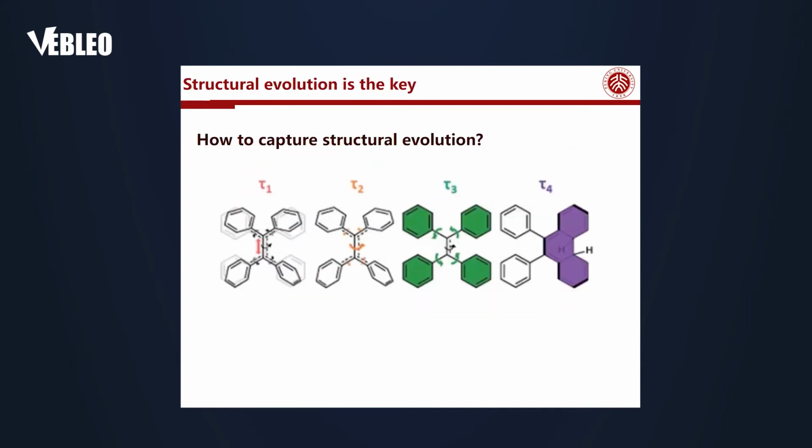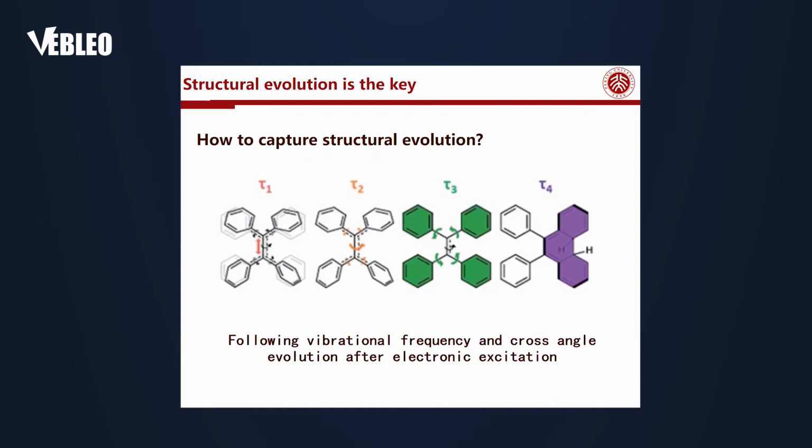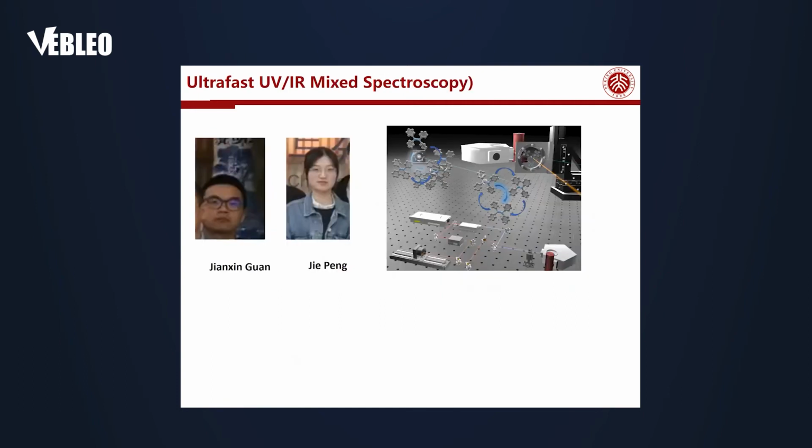And then I think that what we really need is to follow the structural evolution after electronic excitation. In order to do it, we have to monitor the vibrational frequency and cross-angle evolution after electronic excitation. For this purpose, we built an ultrafast UV-IR mixed spectroscopy. Okay.